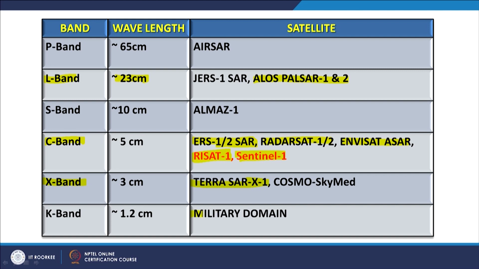Some satellites are in the military domain, for which we generally do not have a lot of details available, neither the data. Now, how should images, or the data set, the pair, be selected for SAR processing? While doing this selection, what are the things we should look at?